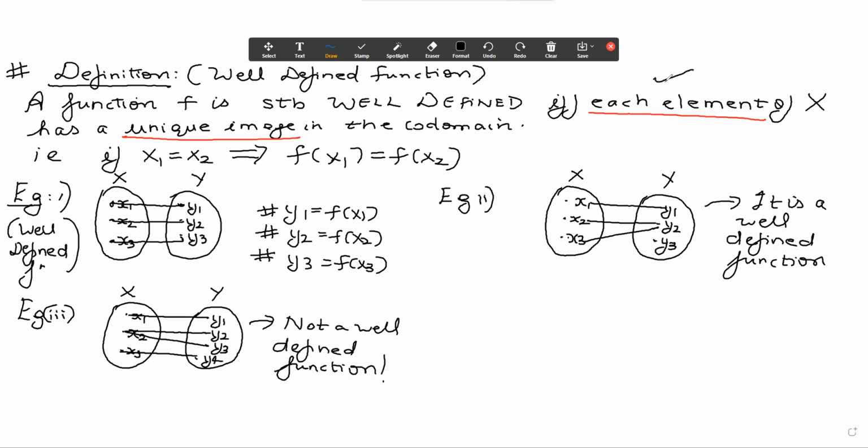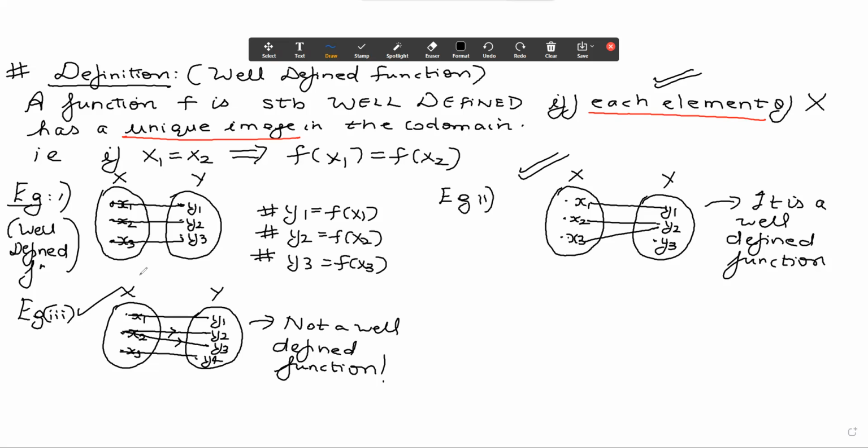Because even though every element of x is related, x2 is not related to one element. x2 is related to two elements. That means this is not a well-defined function because x2 is having two images in y. So understand this, guys. x2 and x3 can have the same image, but x2 itself cannot have two images.